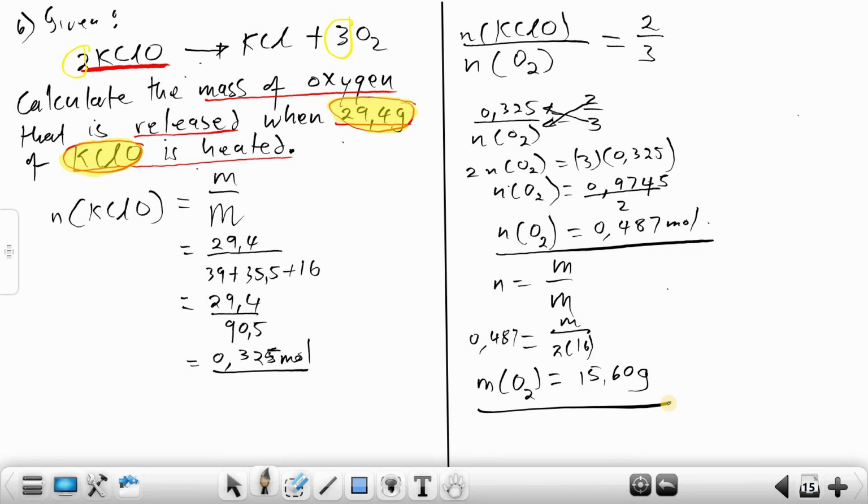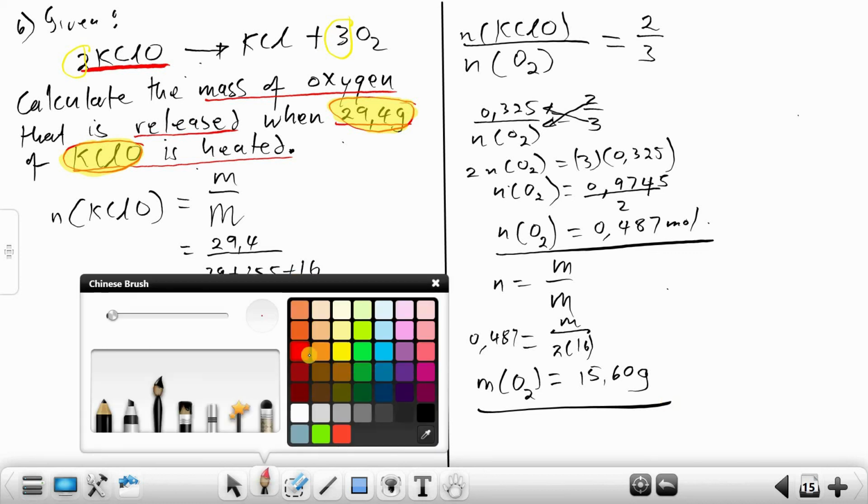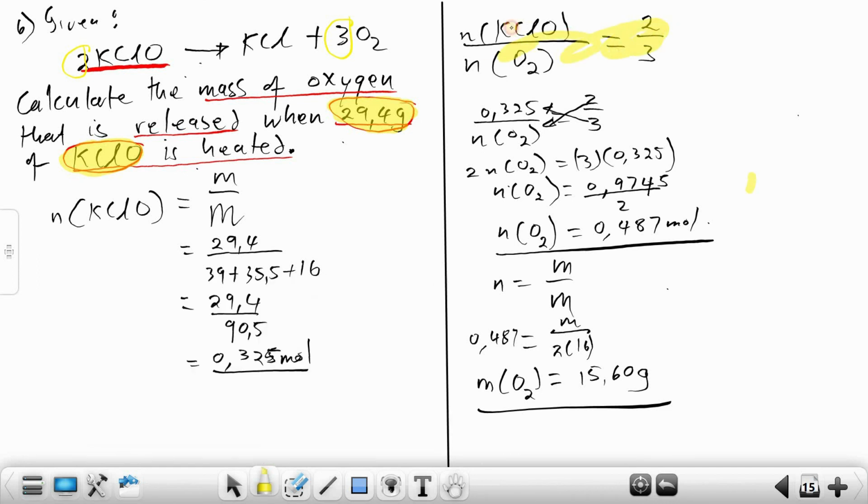Okay, so it basically says read the question at least 2 times such that you identify the one that is given and you identify the one that is the unknown, such that you can easily relate the two and you don't do the mistake that you did. And also focus more on how effectively you can use this molar ratio. This is one of the key aspects that majority of learners don't get right.